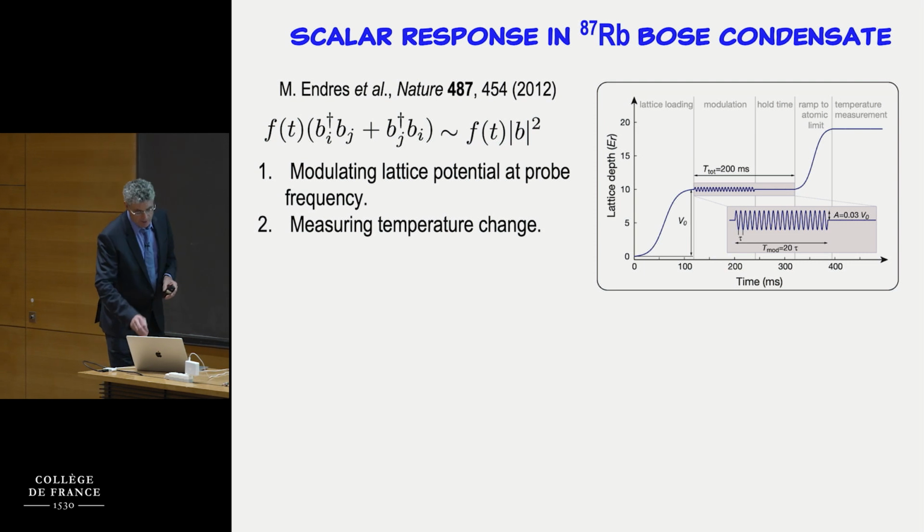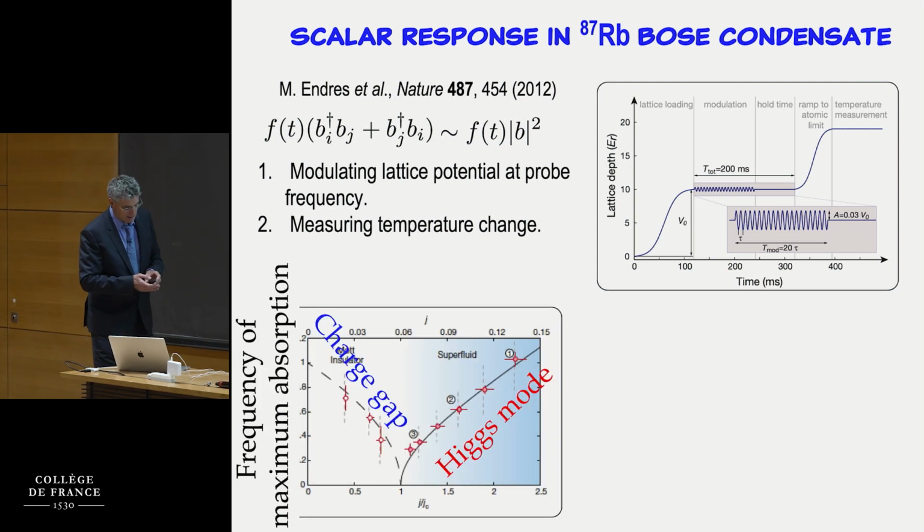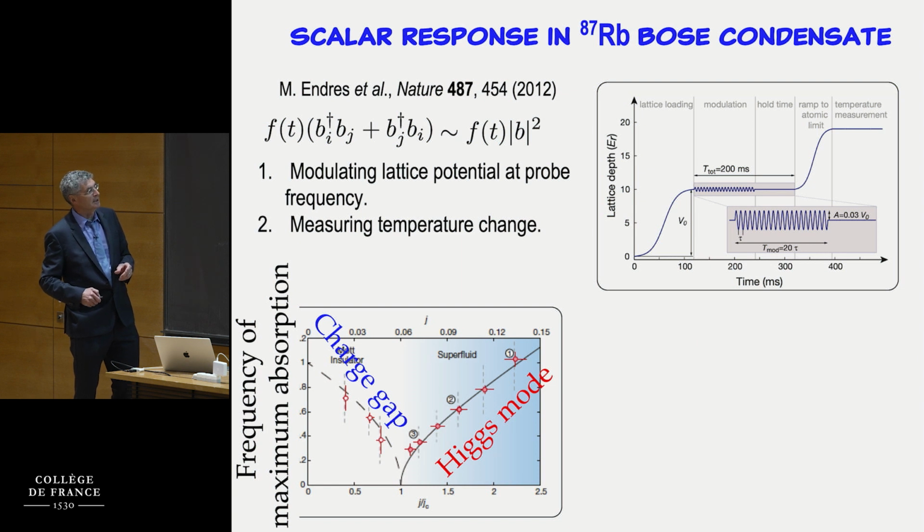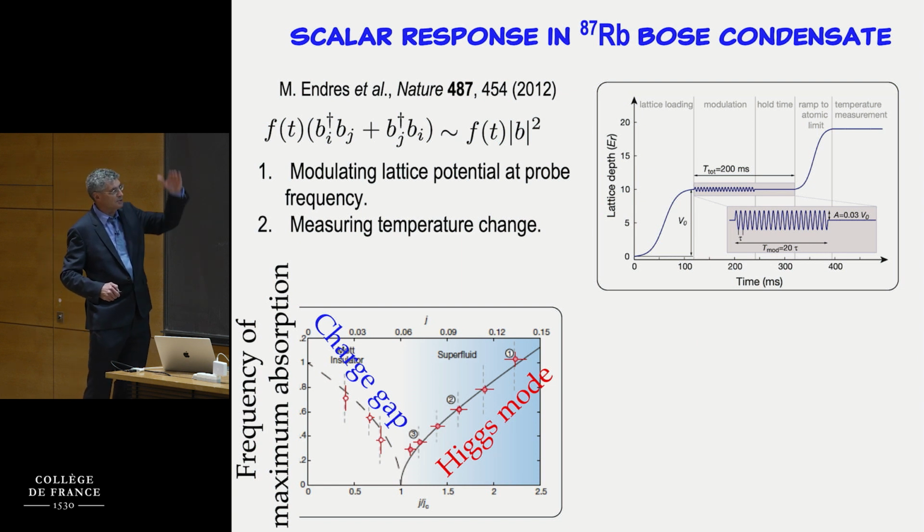And what he found is that he gets a peak at a certain frequency, and he can change the depth of the potential through the quantum phase transition we saw before. In this limit, he's in the insulating charge gap. This is the large barrier limit. This is the small barrier limit.